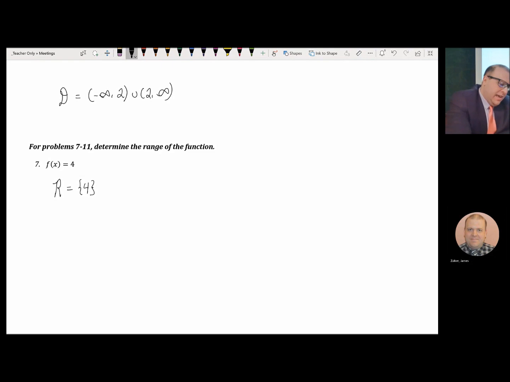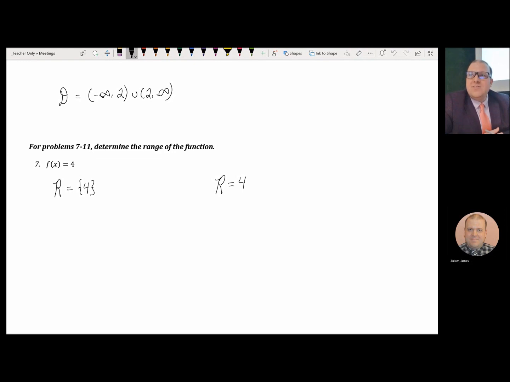Keep in mind, again, if you wrote that, that technically does not make sense. You're saying a set equals a single element, which is nonsense. I'm trying to think of a good analogy in English. But why does that not make sense? Because 4 is a single element, and a set cannot be an element. A set is a set.